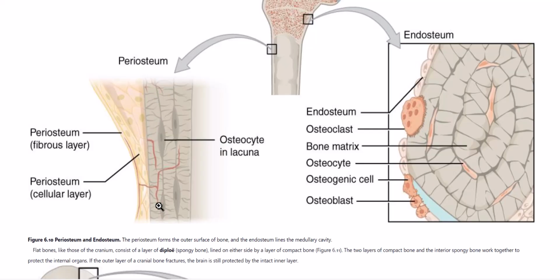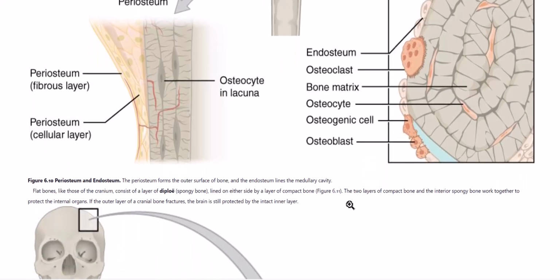And we know what we're going to see, right? We're going to see osteocytes hanging out in lacunae with canaliculi. And we can see here 3 lamellae in this picture. And this is also true inside where there's the endosteum. We have these cells. Now, I'm going to talk about osteoblasts, osteogenic cells, osteocytes, and osteoclasts more in a moment. They are introduced here, but there's more information coming about them.